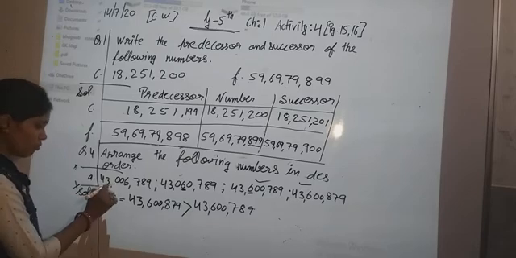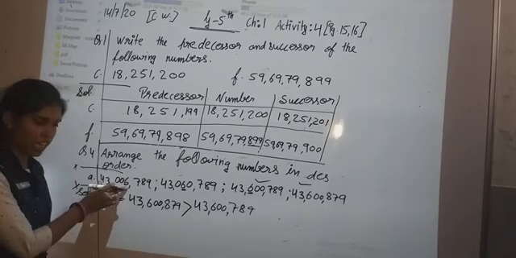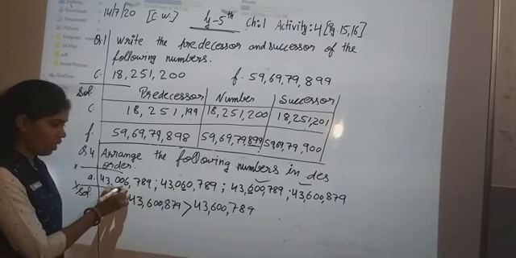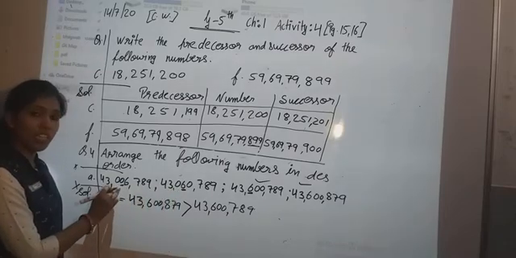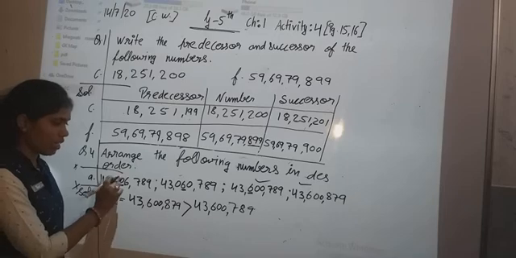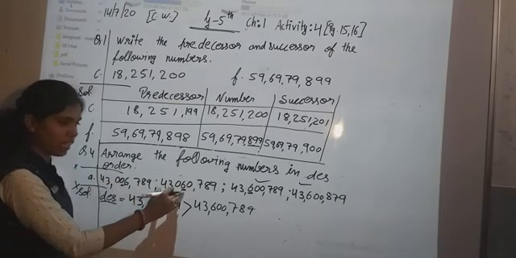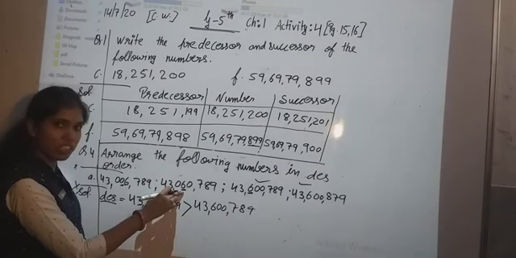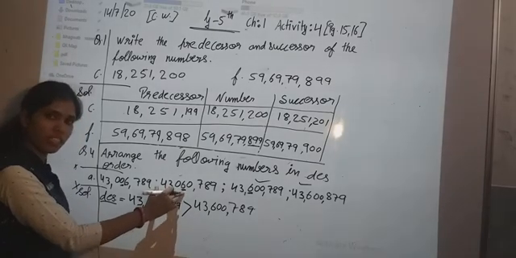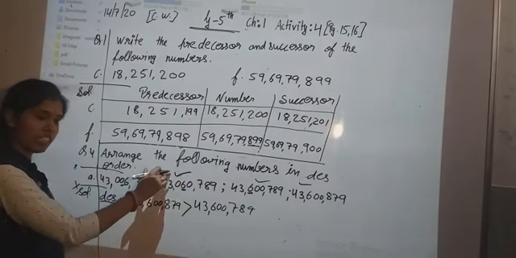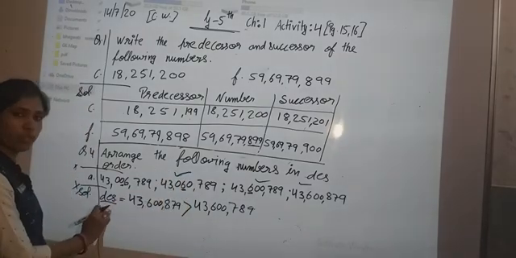These numbers are equal, so we will come to the next place. The next place is 10,000. We have 0 in the first number and in the second number we have 6. Which one is greater? Yes, 6 is greater than 0. So the next number will be this one, because we are doing descending order.